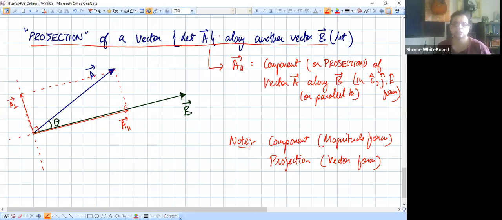Okay, so you can see that the magnitude of this is nothing but A cos theta.